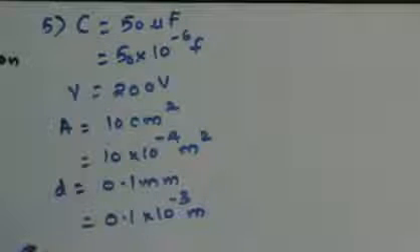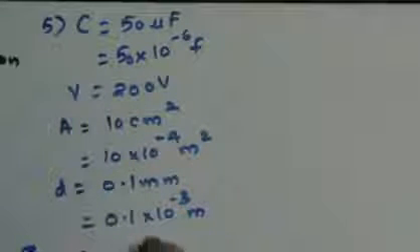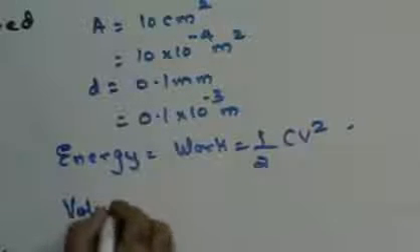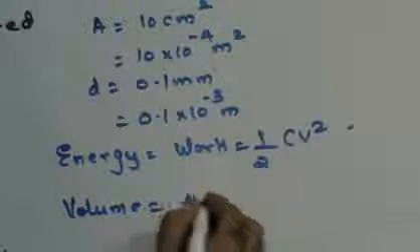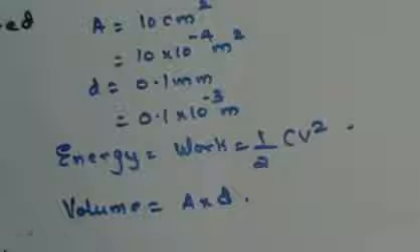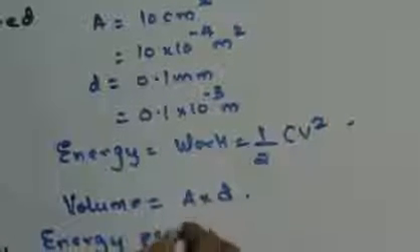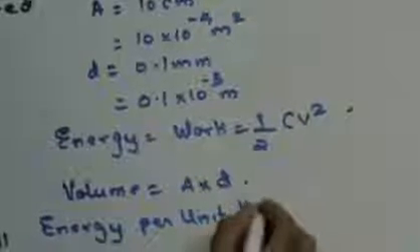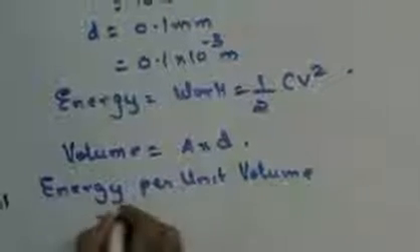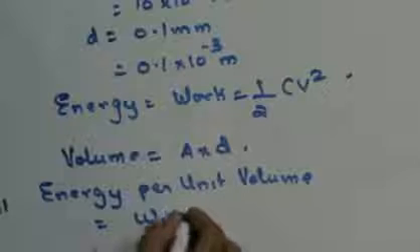I can say that energy is equal to work is equal to half CV square. C and V is given to you. Volume is nothing but area into height. Therefore, energy per unit volume is nothing but work upon volume.